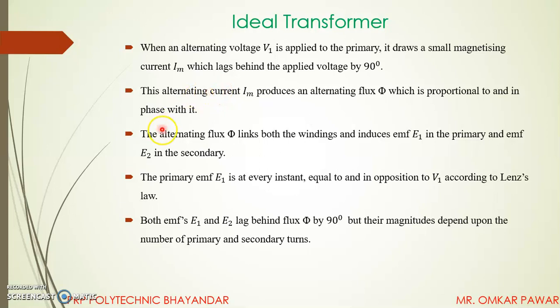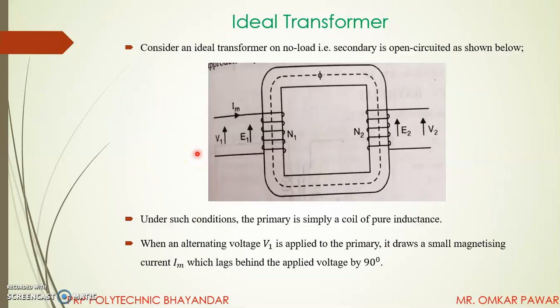The alternating flux phi links both the windings and induces EMF E1 in the primary and EMF E2 in the secondary. That is, this flux phi links with the primary winding and induces EMF E1, and the same flux is linked with the secondary and induces EMF E2.